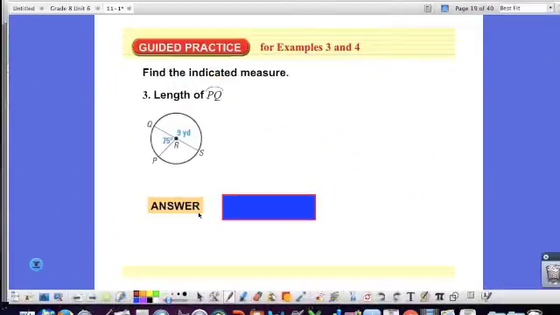So those were examples with everything worked out. Now we're going to actually solve some problems. In this case, they want to find the length P to Q. So 75 is going to be the measure of the arc P to Q over 360, and that's going to be equal to the amount over the total circumference, which is 9 pi.